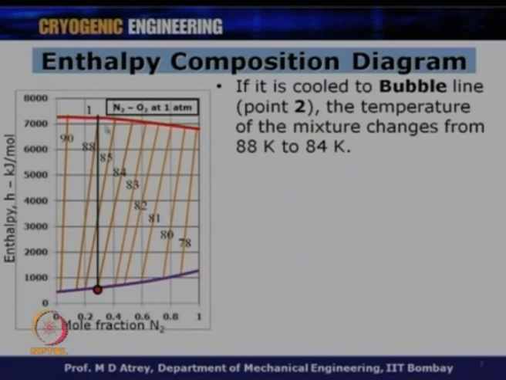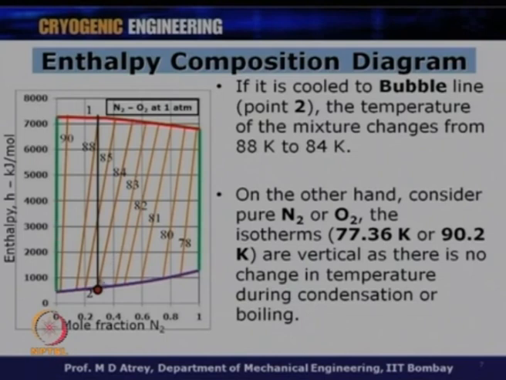This line, which has a finite slope, is an isotherm. The temperature at point 1 is around 88 Kelvin, while when the mixture gets condensed, the temperature at point 2 is around 84 Kelvin, and that is why the temperature of the mixture changes from 88 Kelvin to 84 Kelvin.